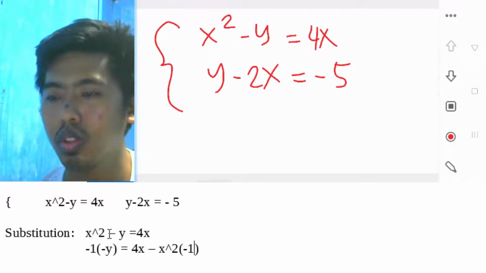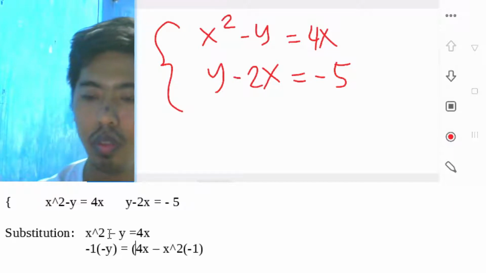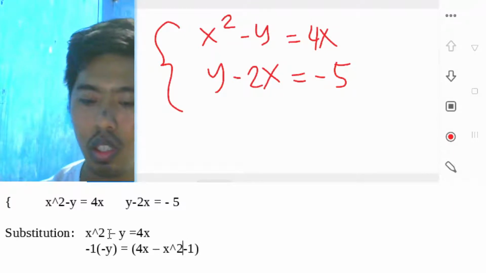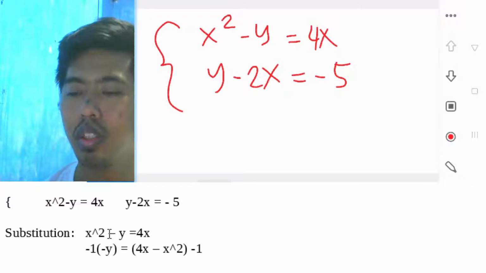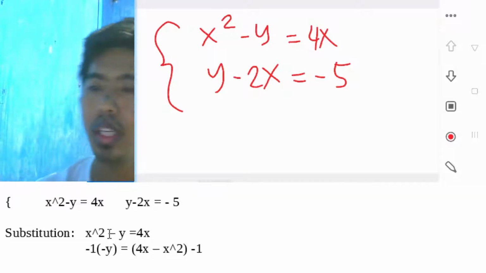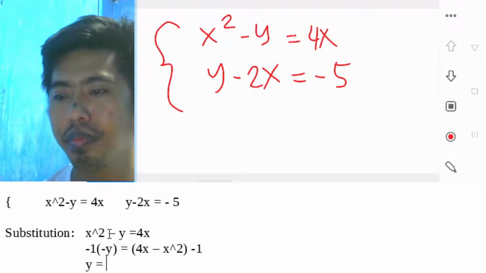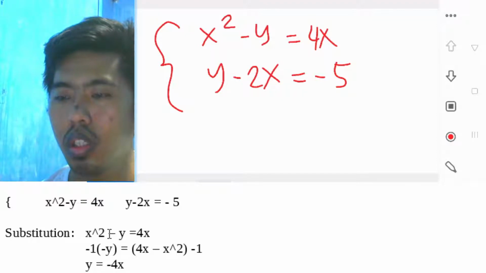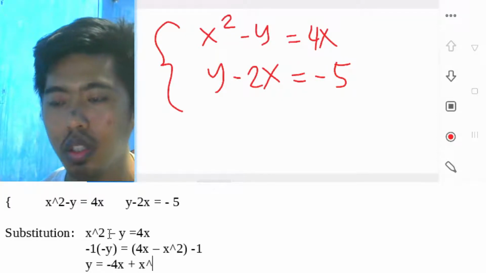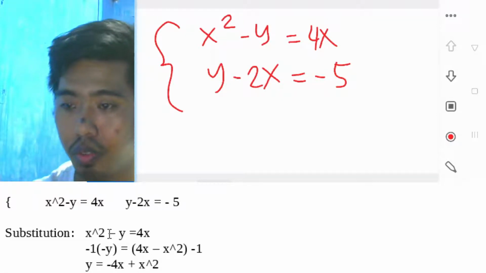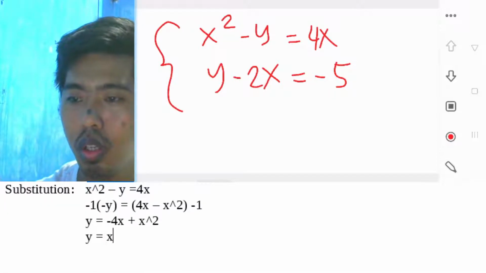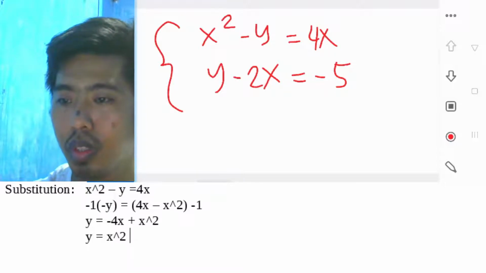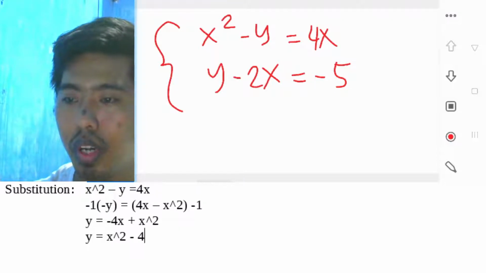Okay. So, negative 1 times y, that is y. Here, it's negative 4x and positive x squared. Or I can rewrite that like this, y equal to x squared minus 4x.